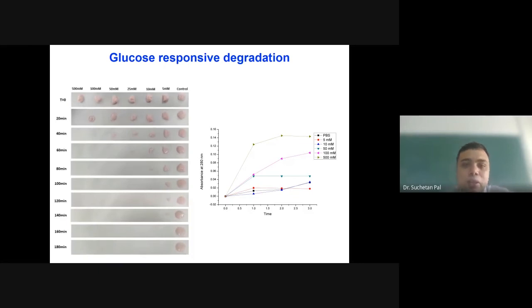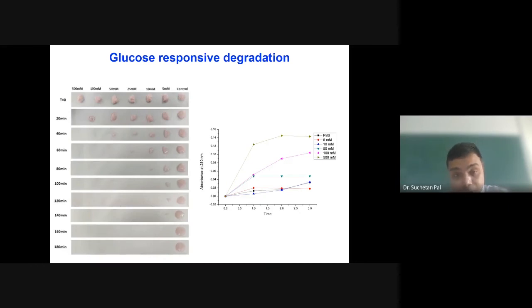Typically your blood glucose is around 7 millimolar, and you can see over 60 hours of time, if you have a blood glucose level of more than 10 millimolar, all the gels are dissolved. And the protein, insulin, inside these gels is released upon exposure to this glucose. Right. So we are getting very nice results in test tubes in the laboratory.